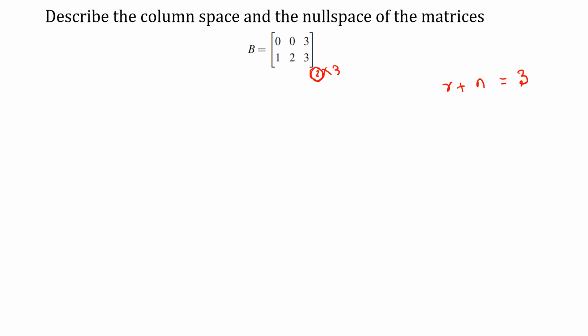What is the rank? It is the number of independent rows or columns in a matrix. How many independent vectors are available in this matrix? That is 2, because these two are independent. One vector cannot be used to represent another vector, so obviously the rank of the matrix is 2. Then the nullity of the matrix should be 1, because the nullity plus rank should equal the number of columns.